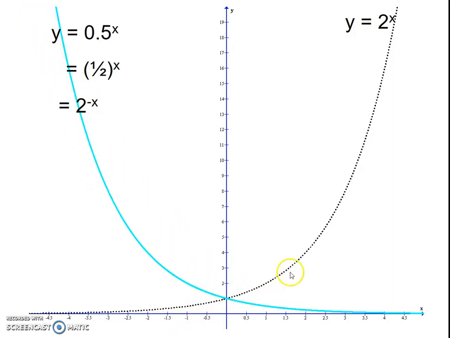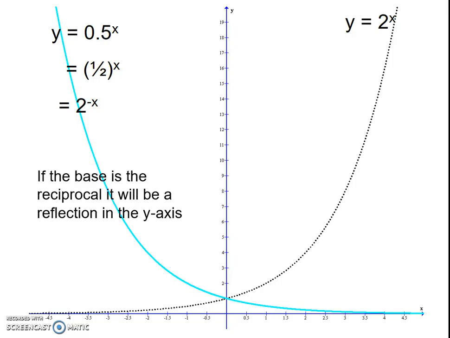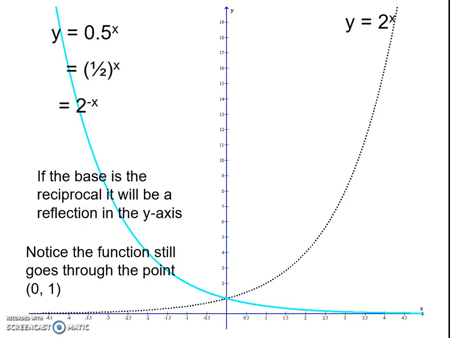If you're increasing, you've got 2 to the power x with a positive x. If you're a decreasing function, or if it's decay rather than growth, you'll have the power of negative. You have 2 to the power negative x. The power will be negative. It still goes through 0, 1 though.